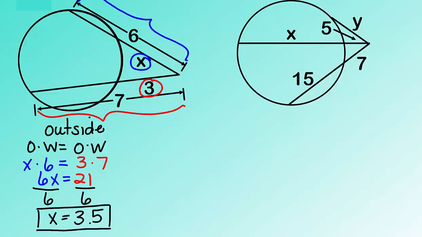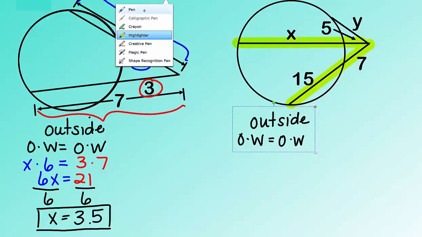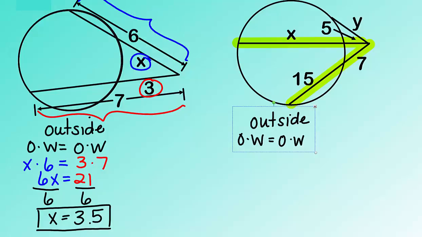The next one, my intersection of 3 lines is outside the circle, so I know I'm going to have to use ow, ow. I'm going to start by picking 2 of the lines to work with. So I will work with outside, which is 5, times whole, which is x plus 5, is equal to 7 times the whole, which is 22.